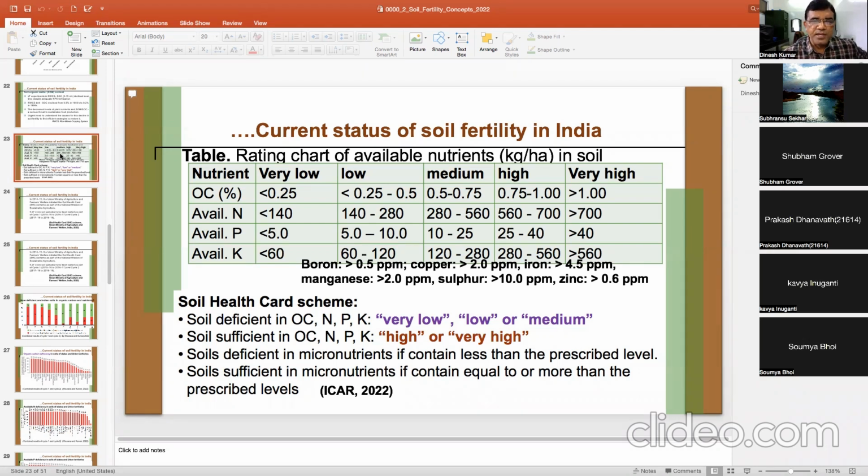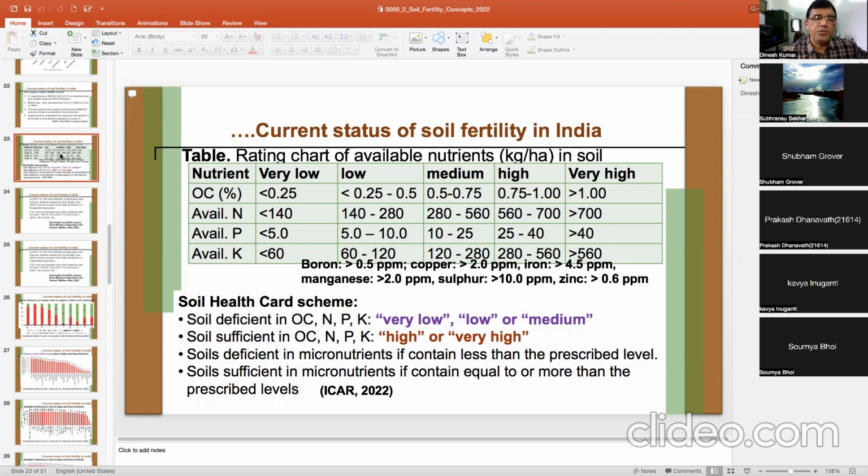Then available K less than 60, 60 to 120, and last you see very high, or more than 560. So this is a very important table, and now this table is being used to classify soil as to whether it is sufficient in a particular nutrient or deficient.